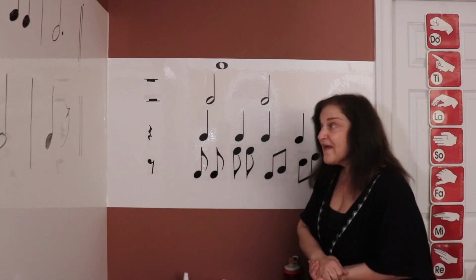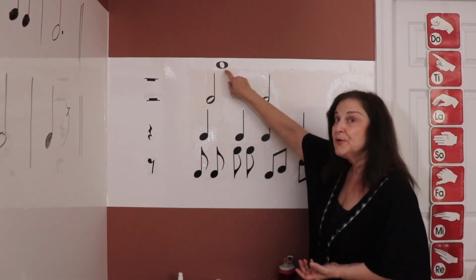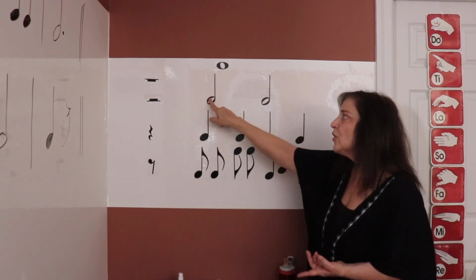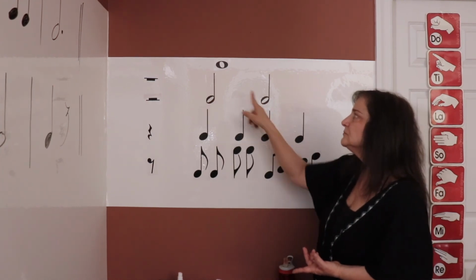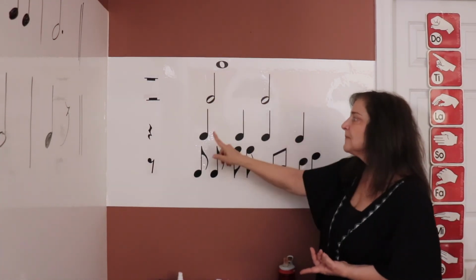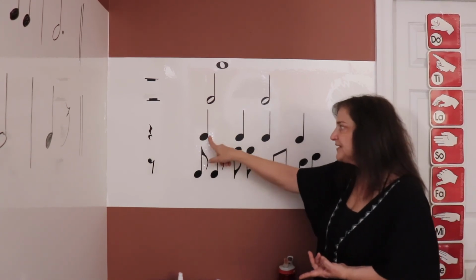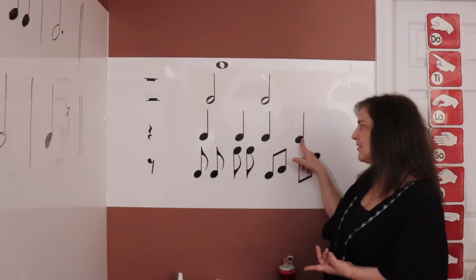Just a quick review of our note values and rest values. We have our whole note, which is an open note head. Our half notes, which are open note heads with a stem, these are equal to 2 beats. Our quarter note is a filled-in note head with a stem, and that's 1 count each.